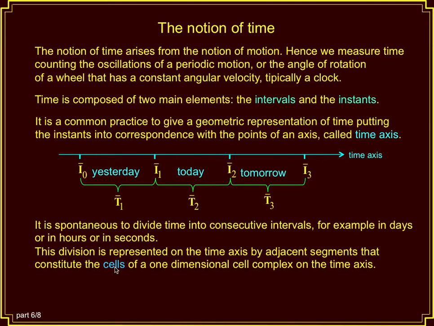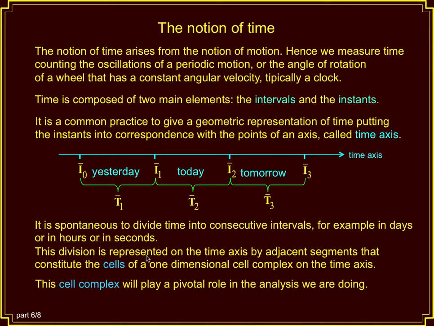This division is represented on the time axis by adjacent segments that constitute the cells of a one-dimensional cell complex in time. This cell complex will play a pivotal role in the analysis we are doing.